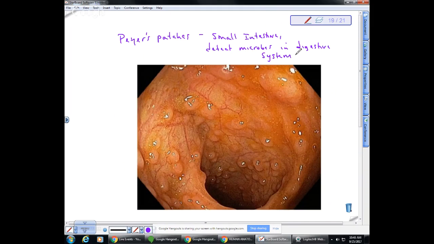So if this mucus isn't there, and if it gets attacked by the immune system or by something else, then the gut gets leaky and stuff can actually move from the intestine into your tissues and into your blood when you don't want it to, okay? So we'll talk more about this when we get to the immune system and some of the problems with the intestines. Okay, so those are the Peyer's patches.